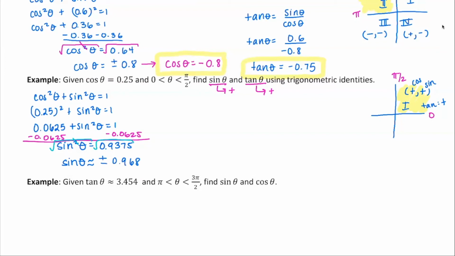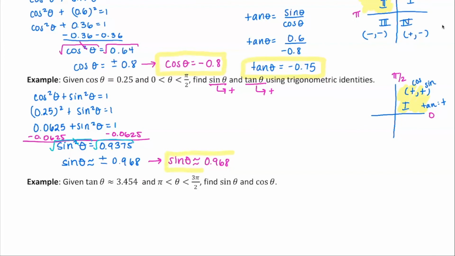And just like before, I investigated already the sign of my solution. In this case, I know sine is going to be positive, about positive 0.968. So that is the answer for the first part of the problem.